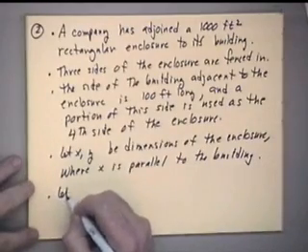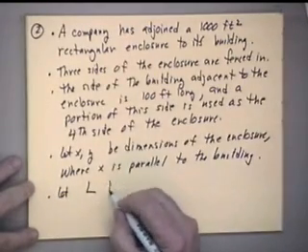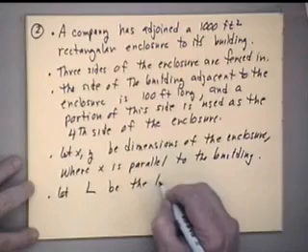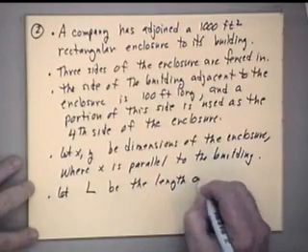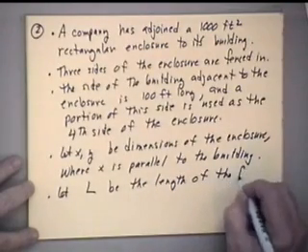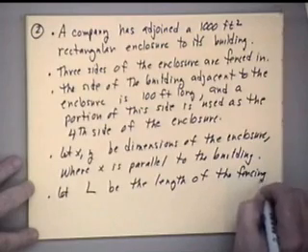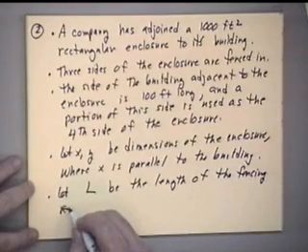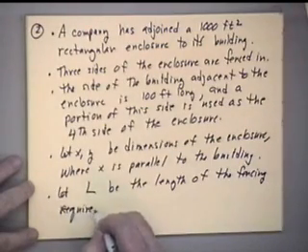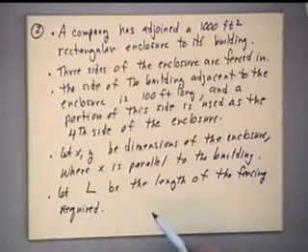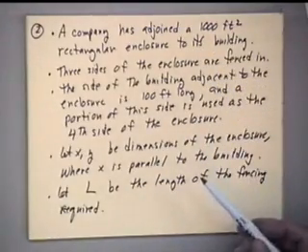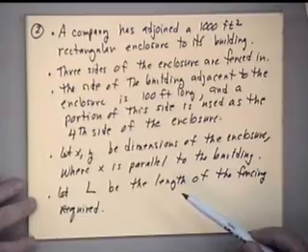And finally, let's let the letter L, capital L, be the length of the fencing required. Now, I haven't even gotten to the question yet. This is just writing down the situation.